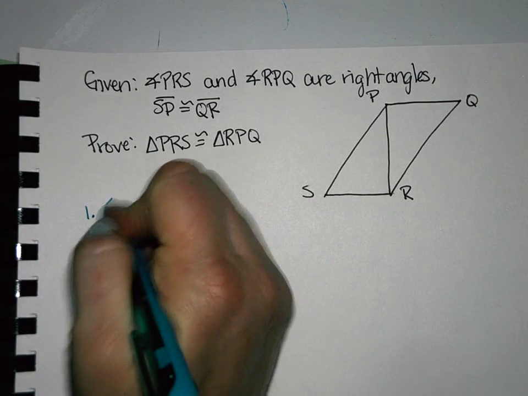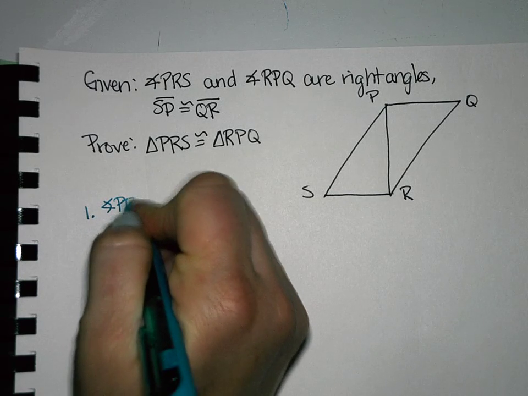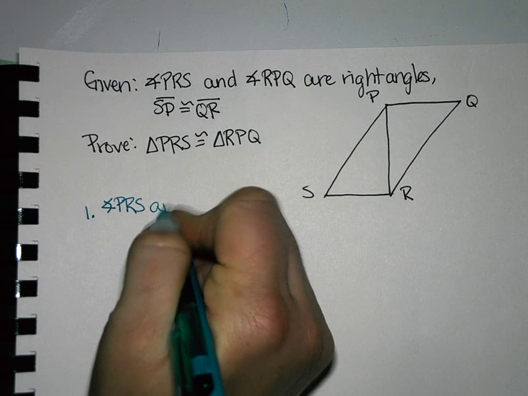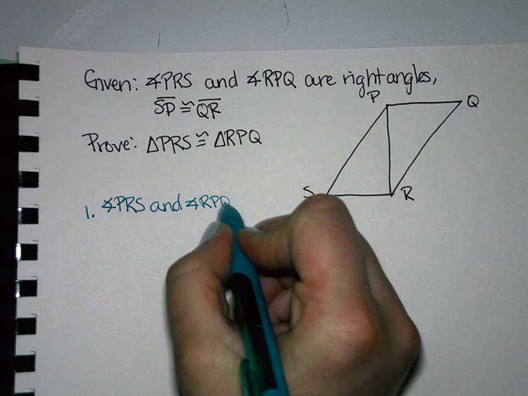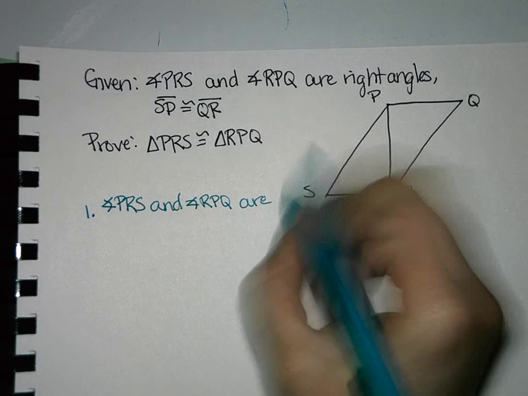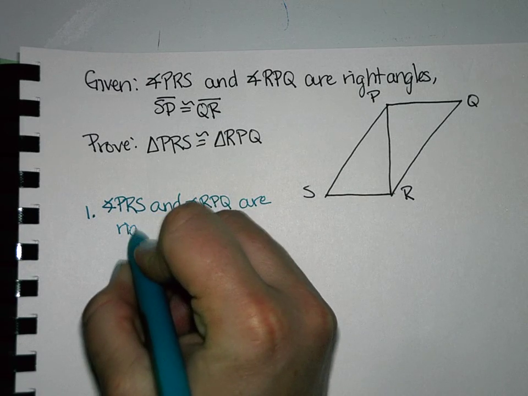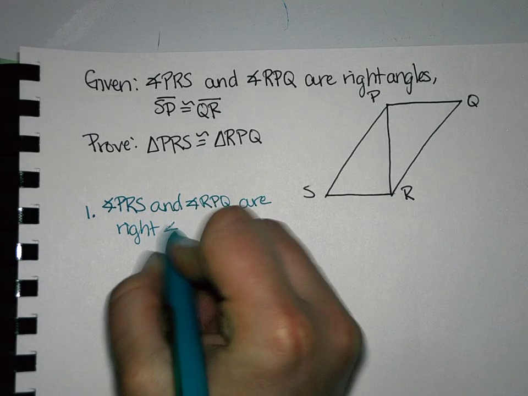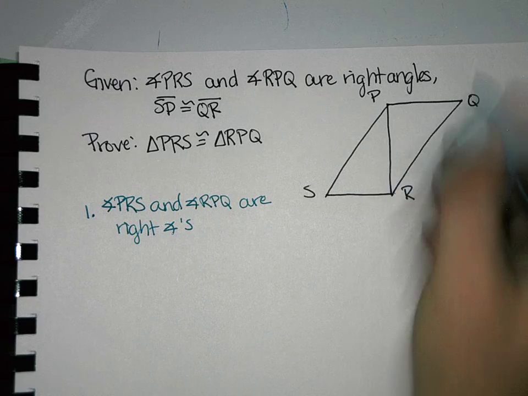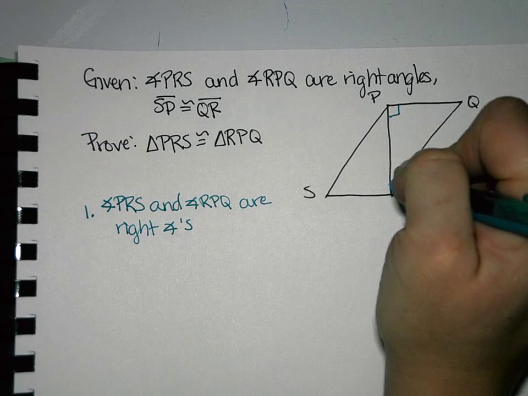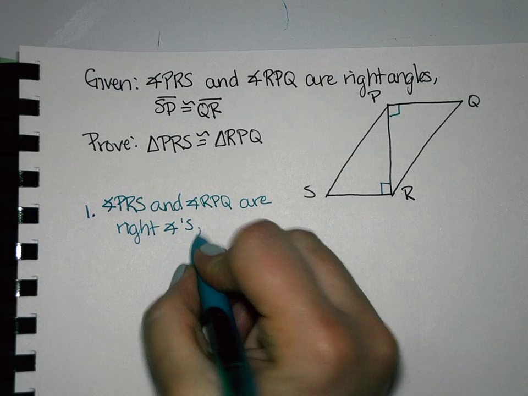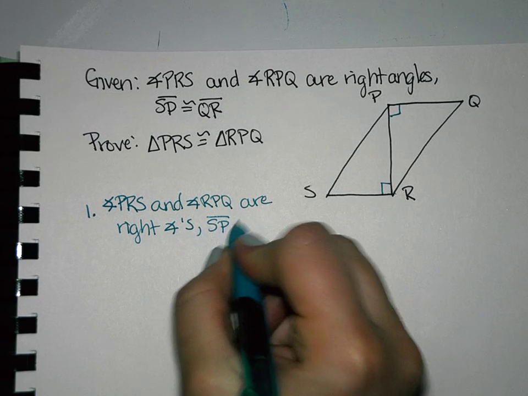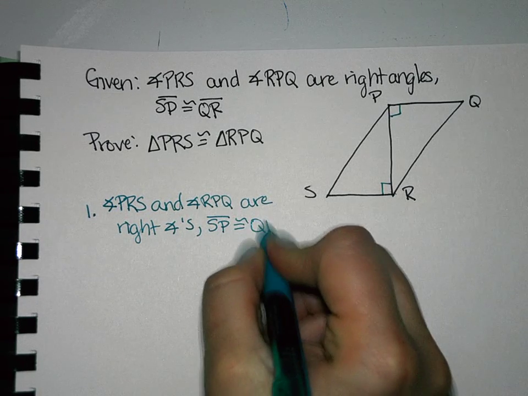Angle PRS and angle RPQ are right angles. So that means I can go ahead and put my little boxes in those two corners. I also know that SP is congruent to QR.